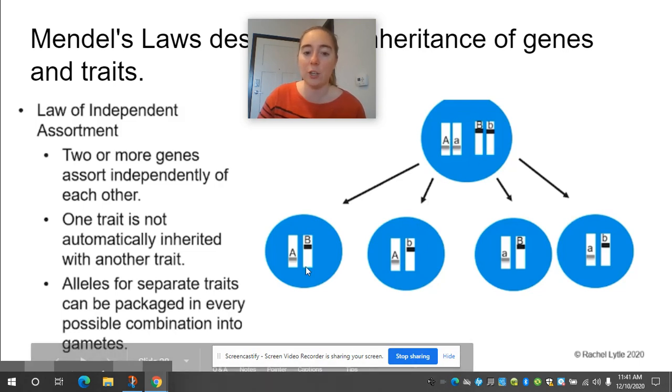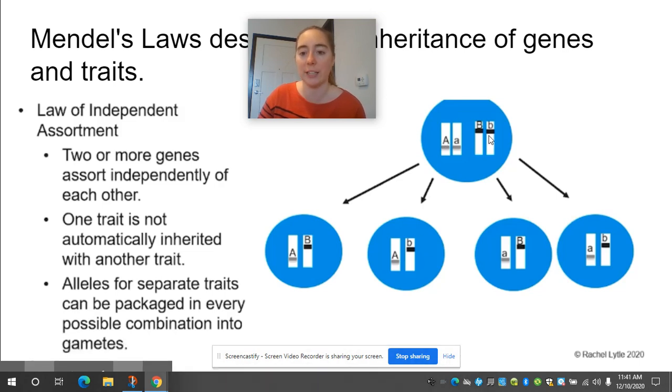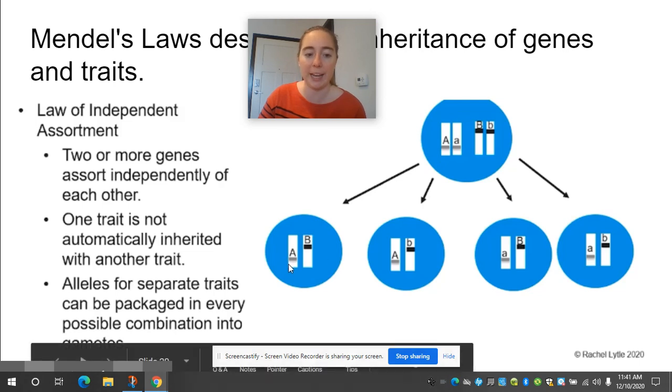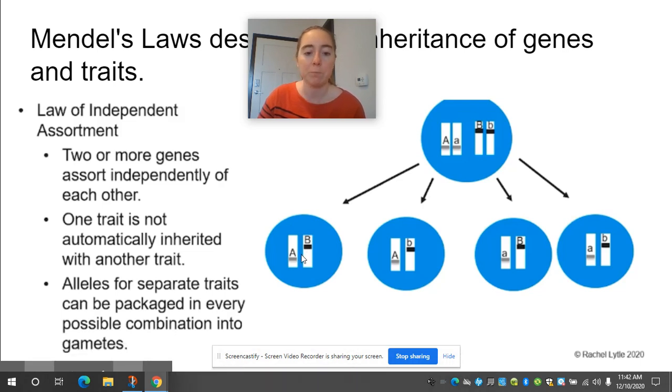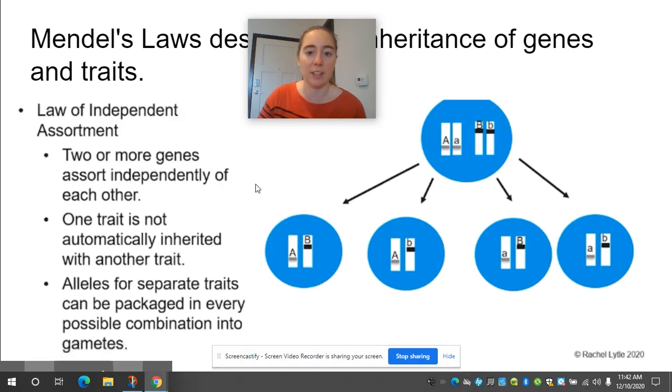It's this idea that you can inherit a big A without inheriting a big B, because you can see here you can have a big A with a little b. So they're going to assort independently of one another. It's not like if you are big A, you are also going to be big B. If we say big A is brown eyes and big B is curly hair, you don't always have to have brown eyes and curly hair. This is where, again, we see a lot more genetic variation than we would if this didn't happen. So we call this the law of independent assortment.